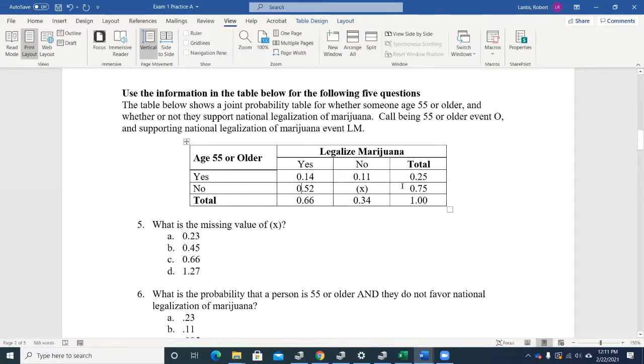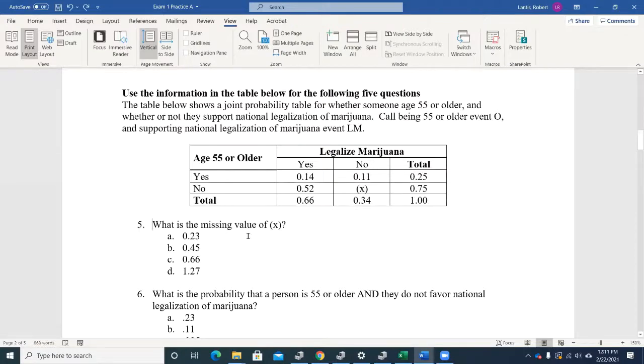Well, how do we find the totals here? Let's say I left off this entire total column. How could you reproduce those totals? Yeah, add across the rows, or if I had deleted these, add down the columns. So notice 0.14 plus 0.11 is 0.25, which means 0.52 plus X should be equal to 0.75.